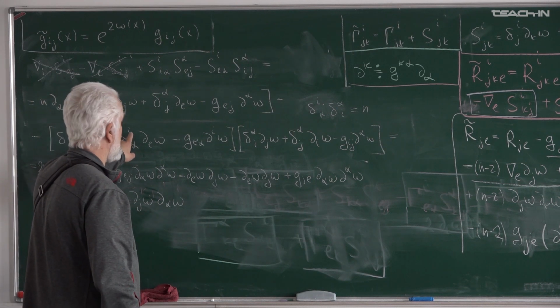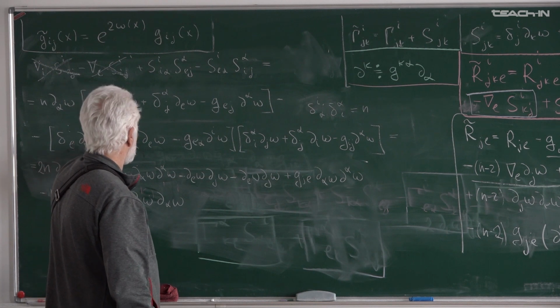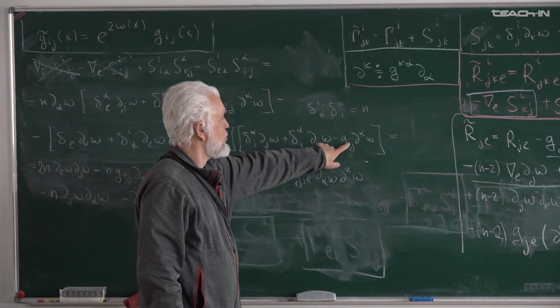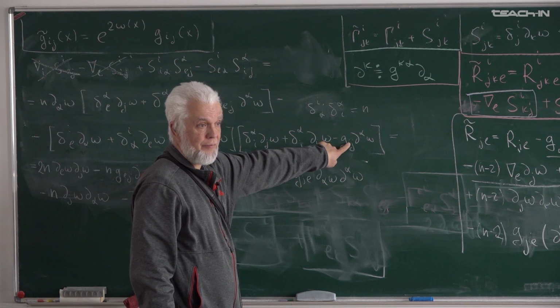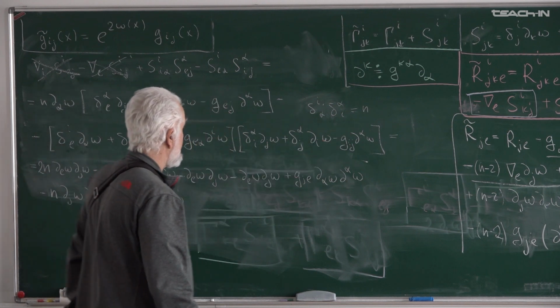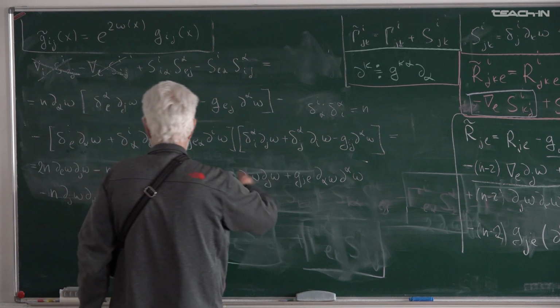What happens? First of all, we sum by I. If you sum by I, you obtain J alpha. J, you agree? Then we sum by alpha and we obtain J omega.